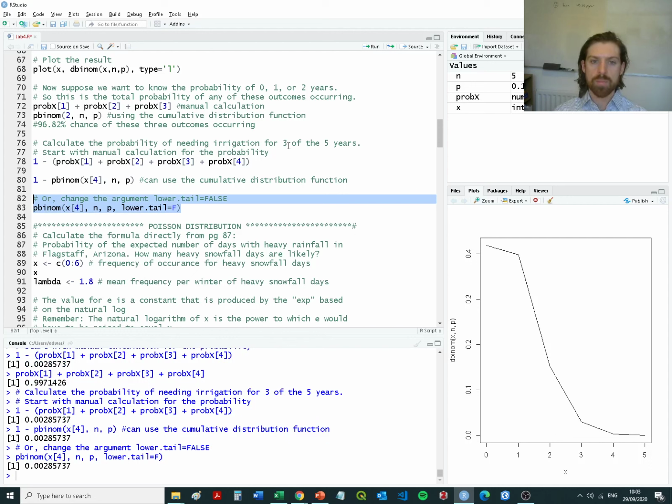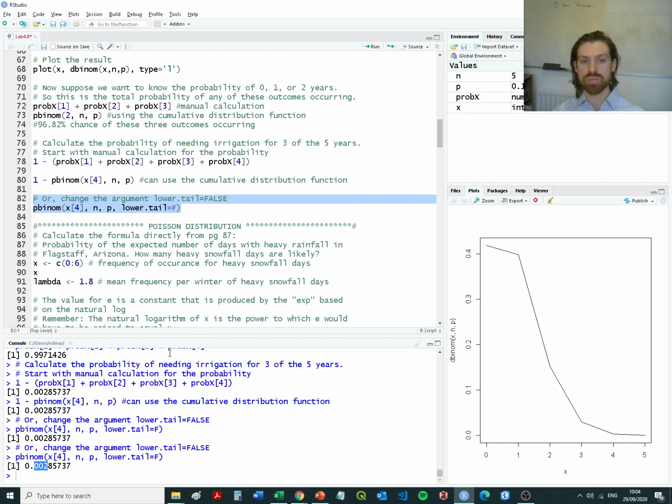And then down here we're also able to calculate the same probability again. This time we're using the p-binom function. The difference is that rather than getting the complement by subtracting from 1, what we're actually doing is telling the function to give us the part of the distribution that we're interested in. So this time round we said that the lower tail is false, so we don't want the lower tail, we want everything else. And that's why it's giving us this complement probability just here.